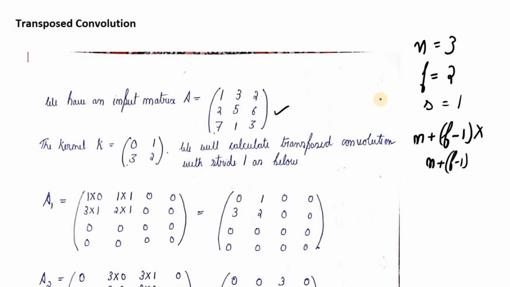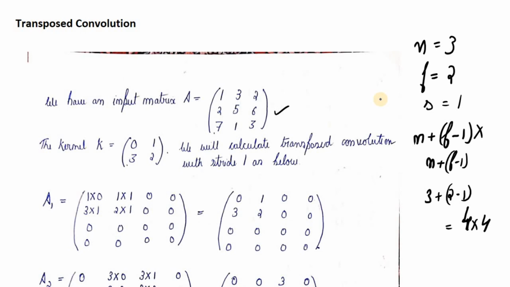In our scenario, it will be 3 + 2 - 1, which is 4 cross 4. So we know we are going to get a 4 cross 4 matrix, but what exactly are the values in it and how are they calculated? This is exactly what we study over here.